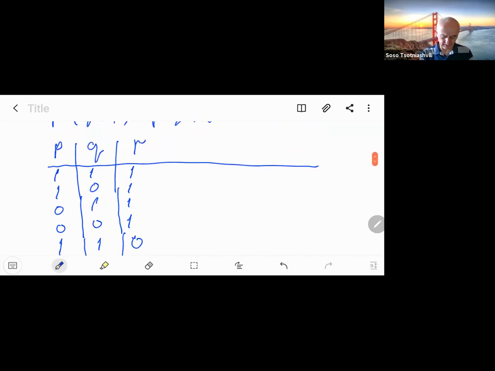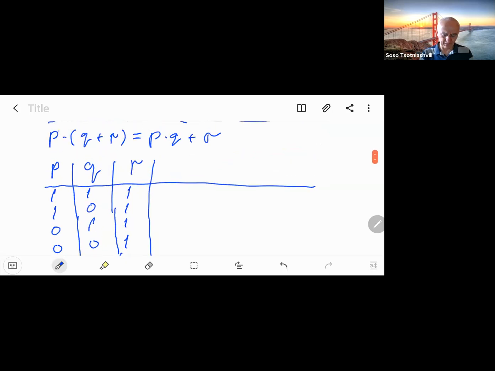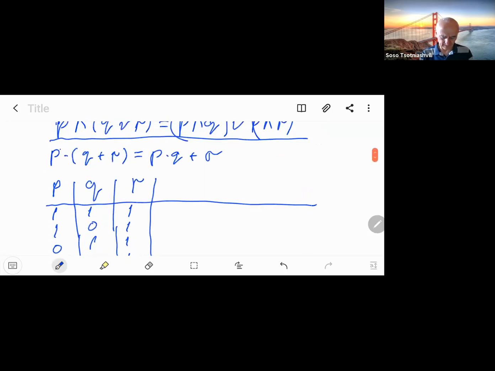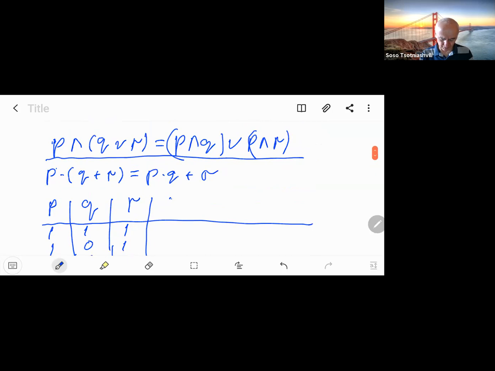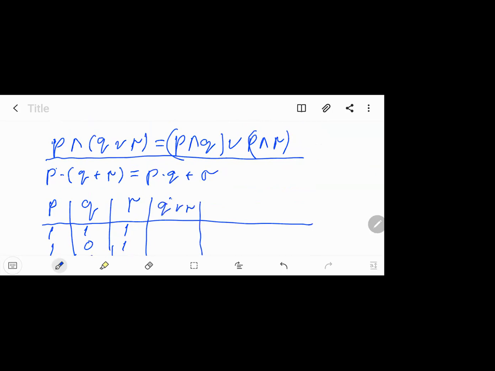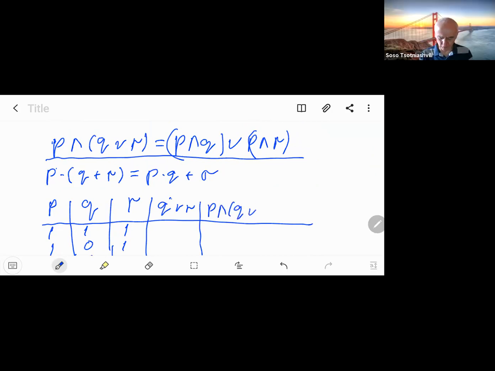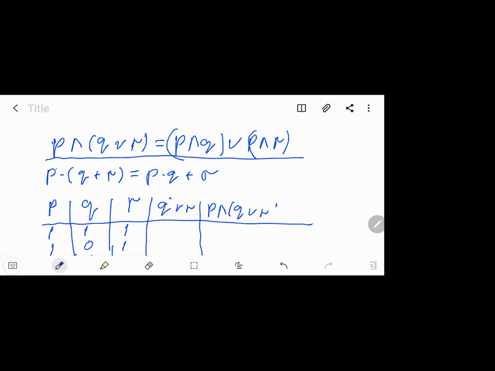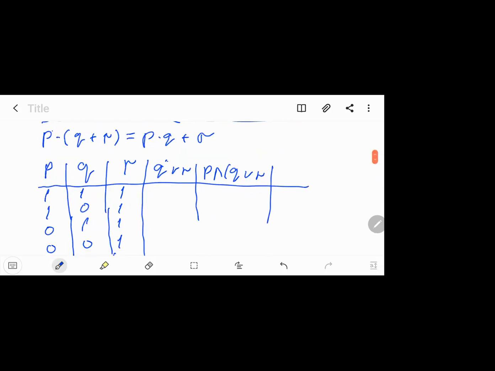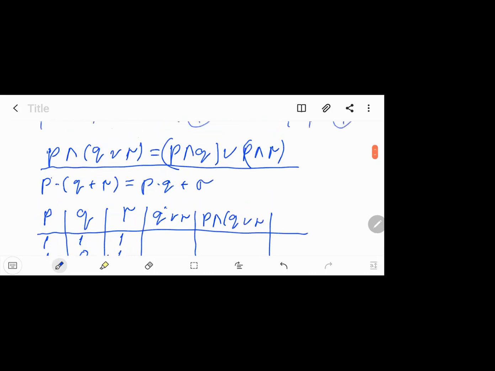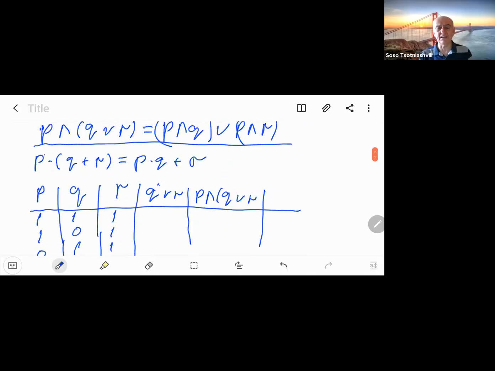And now about columns, here we will have Q or R, then P and Q or R, next row P and Q, next row P and R, and finally this expression, last row.